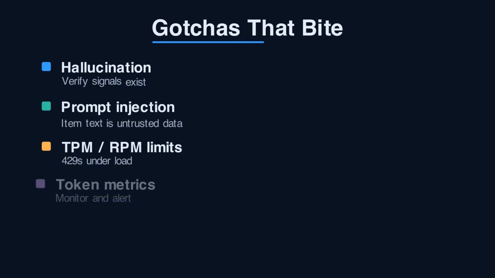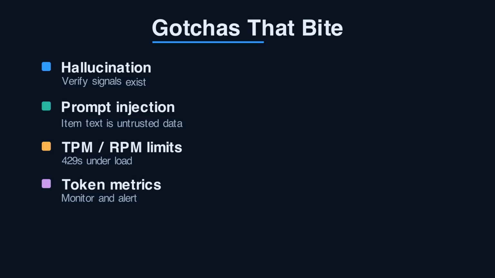3 things will hurt you in production. 1. Hallucinated reasons. Even grounded models embellish, so validate that cited signals actually exist in your payload and reject explanations that mention items you didn't send. 2. Prompt injection. Item titles and descriptions are untrusted user content, so never let them override your system instructions.